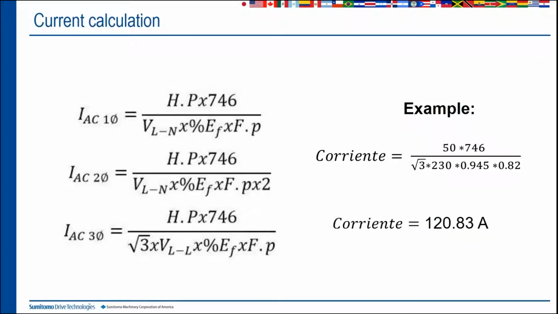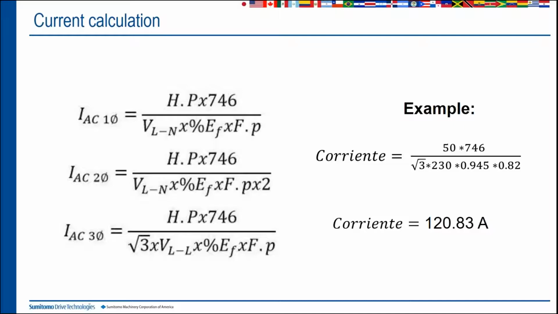For example, I have here the calculation of the current for the Marathon motor that I just showed you. And as you can see, I'm sorry I didn't translate the results, but I think with the formula you can understand. This is the current.